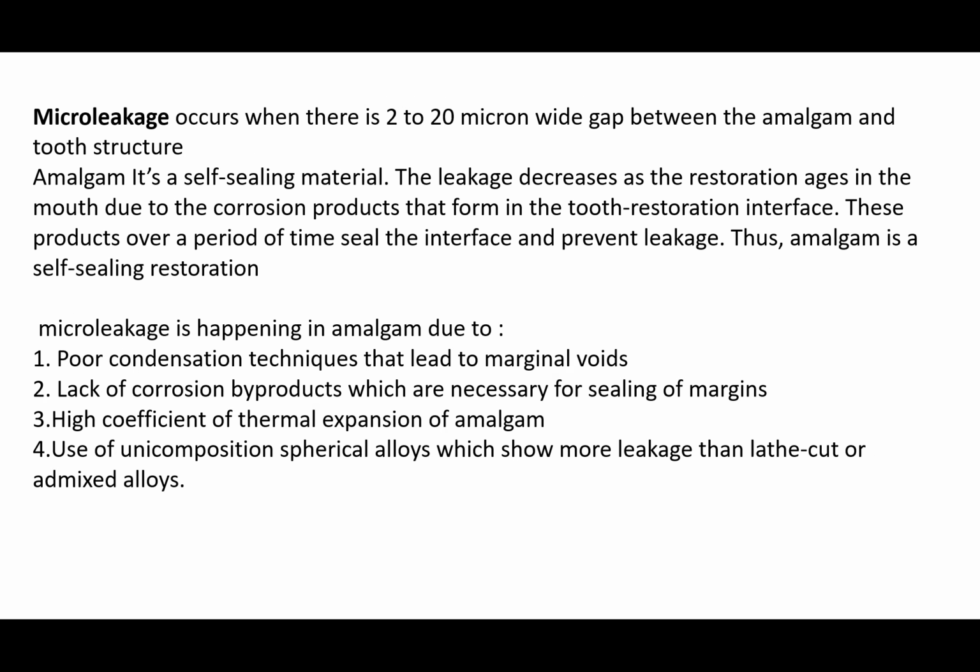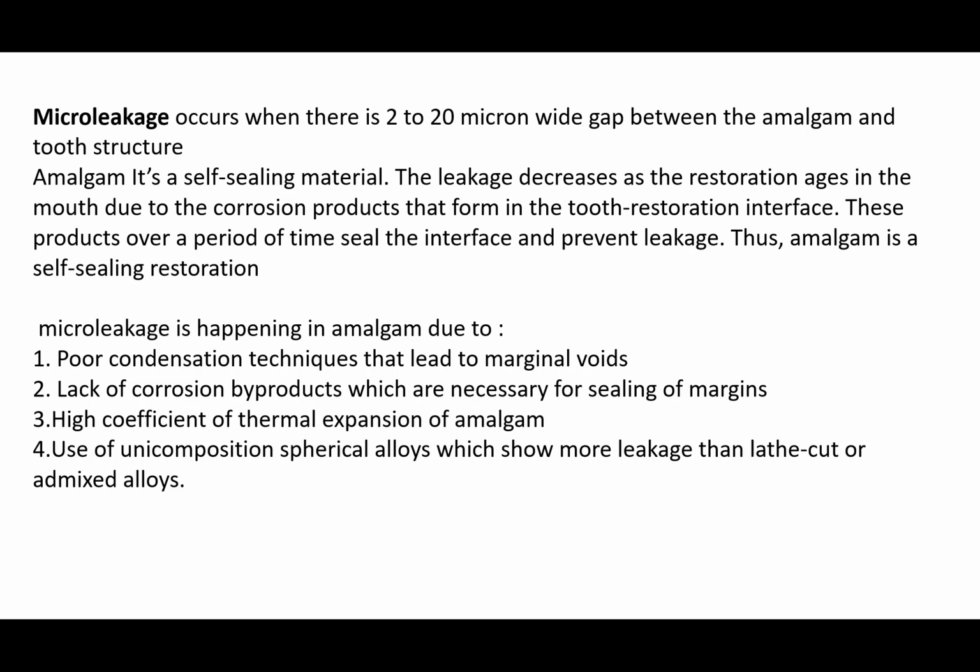Microleakage occurs when there is a gap or space between the restoration and the tooth structure. In the case of amalgam, it occurs when there is a 2 to 20 micron wide gap between the amalgam and the tooth structure. Fortunately, amalgam is a self-sealing material, due to the corrosion byproducts that form at the tooth restoration interface.